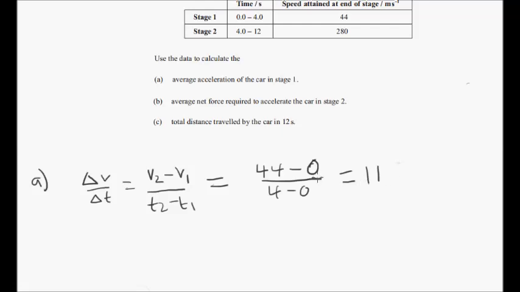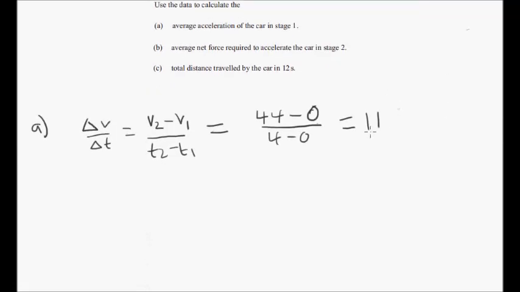And let's not forget about our units, because that is a common mistake that many people make. So what are we dividing, and what unit are we dividing by what? Well, we're dividing meters per second by seconds, because meters per second is velocity, and we're dividing velocity by time.